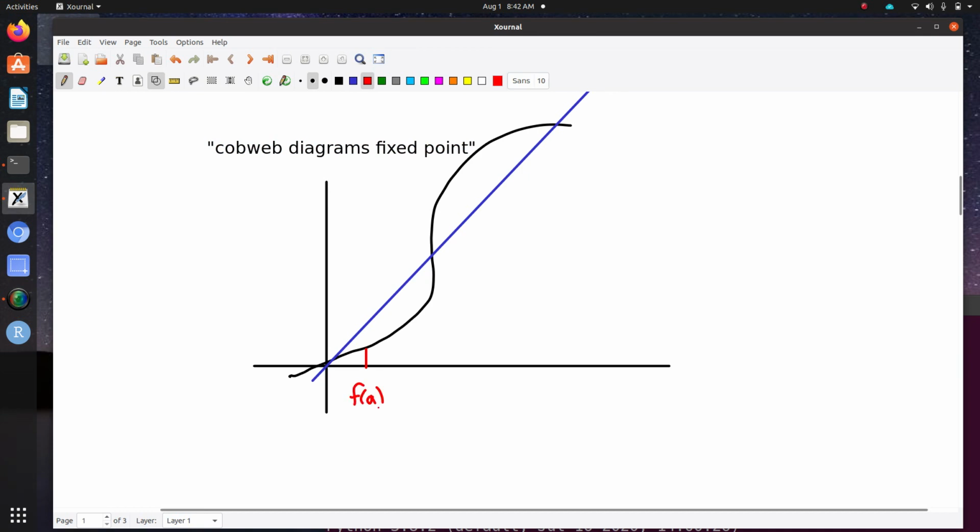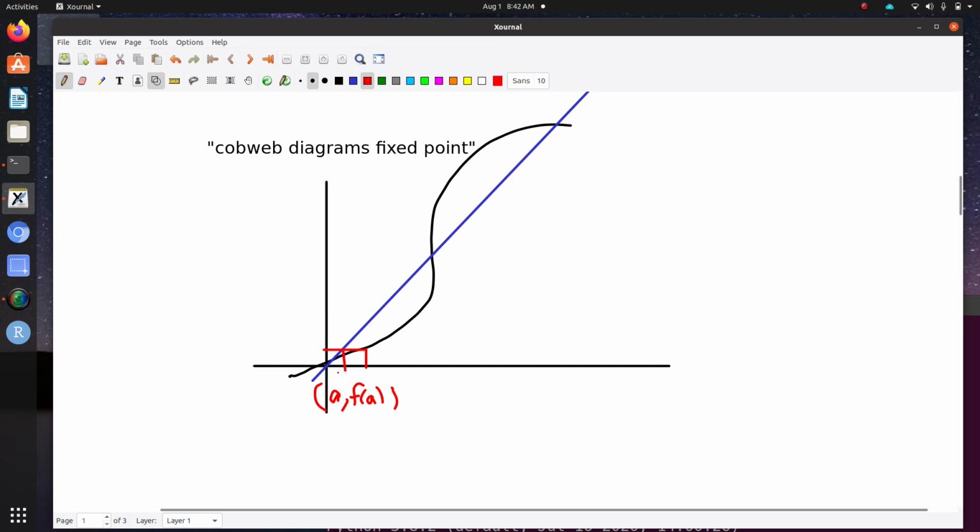What I'd like to see happen is the following. I would like to calculate f of a, and what does f of a mean? Well, if you look over here, it means the height on the y-axis. But then your next iteration is going to be on the x-axis, but it's going to be the height you had on the y-axis.